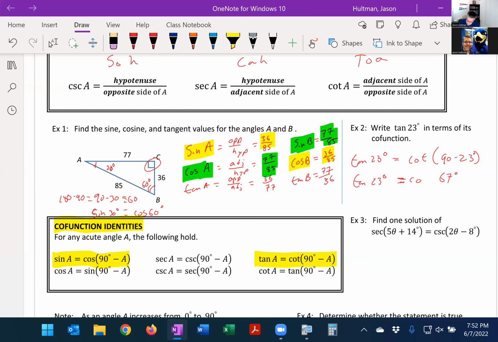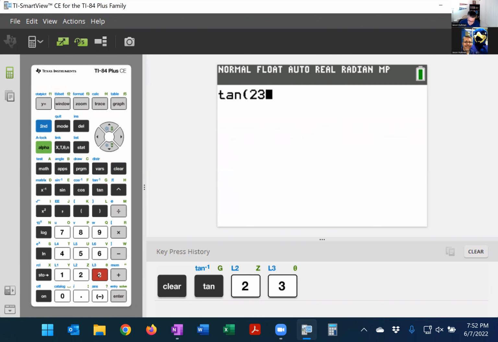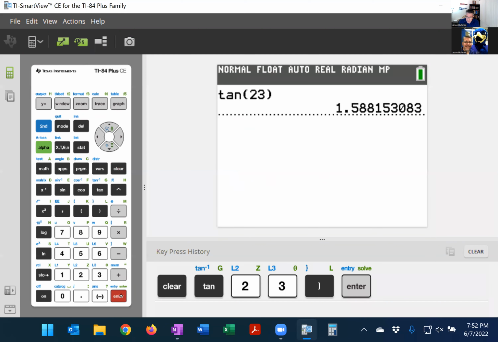And you could check that on the calculator if you wanted to. Maybe we'll do that real quick. Let's check this on the calculator. If I have the tangent of 23 degrees, then that should be equal to the cotangent of 67.